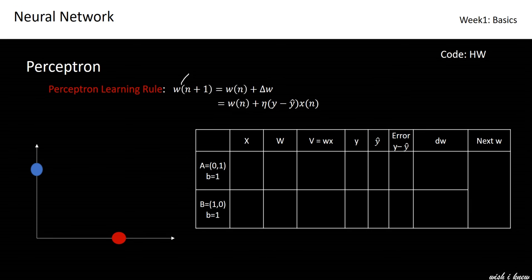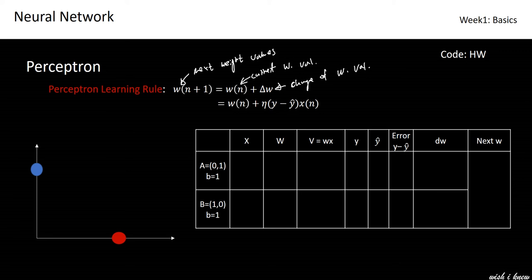This represents the next weight value, this is the current weight values, and this is the change of the weight values.